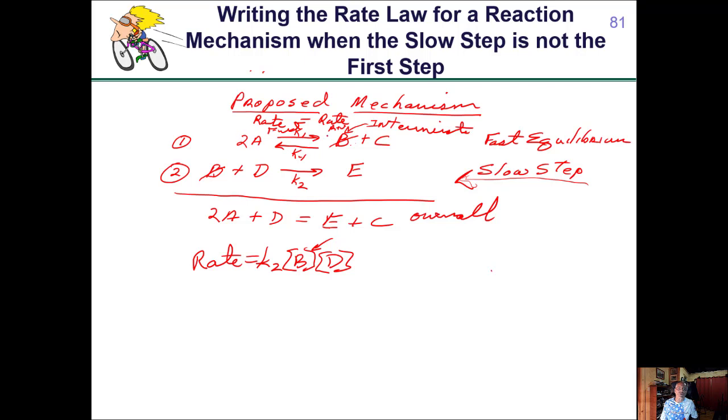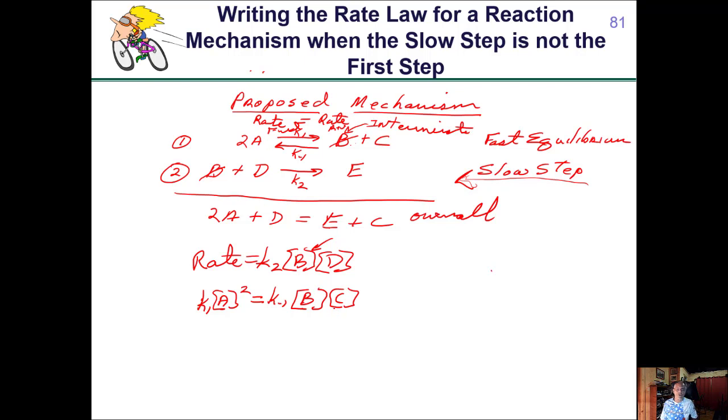So I can write rate forward equals rate reverse. The rate law for the forward reaction is k1 times [A], and based on the coefficient of 2, it's [A] squared, equals k-1, the k value for the reverse reaction going the other direction, times [B] times the concentration of C, which is the other reactant going in the reverse direction.